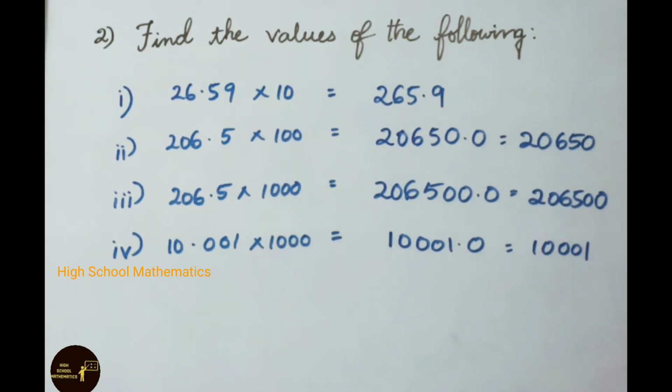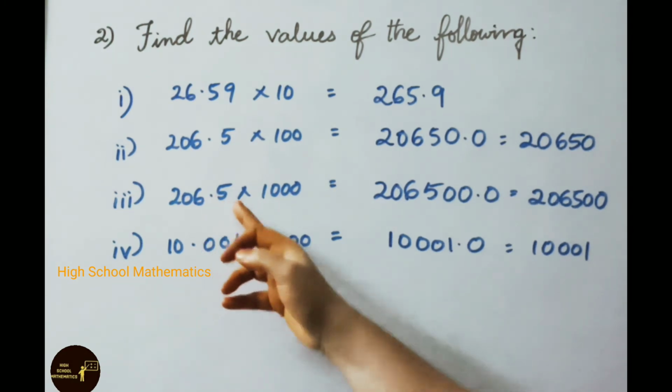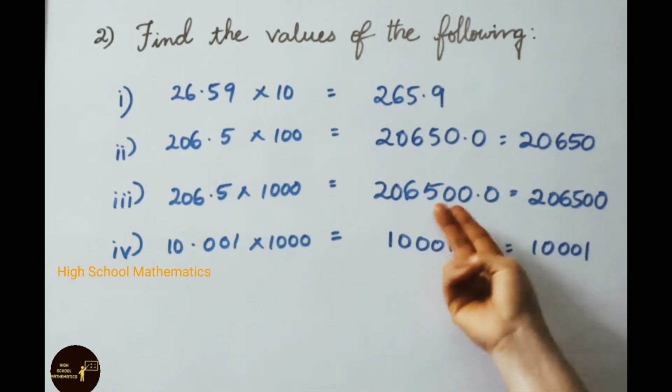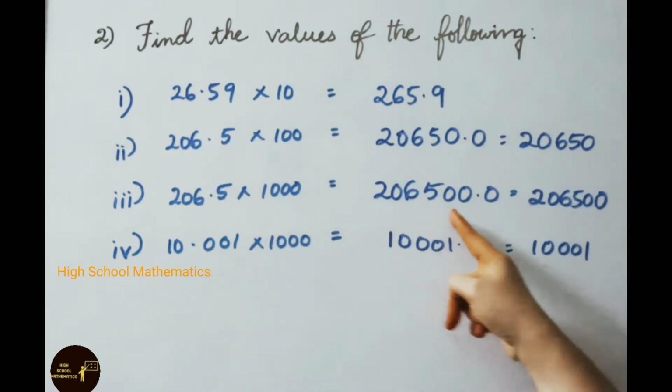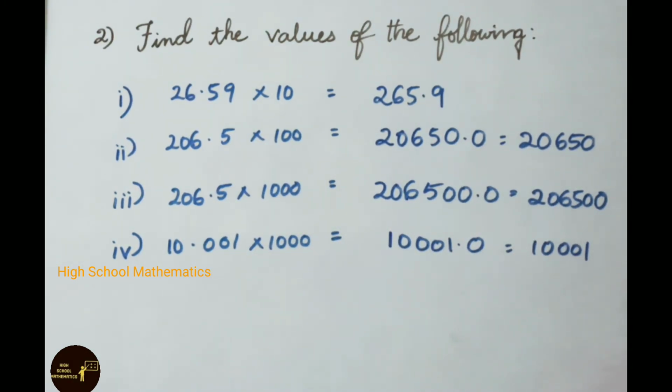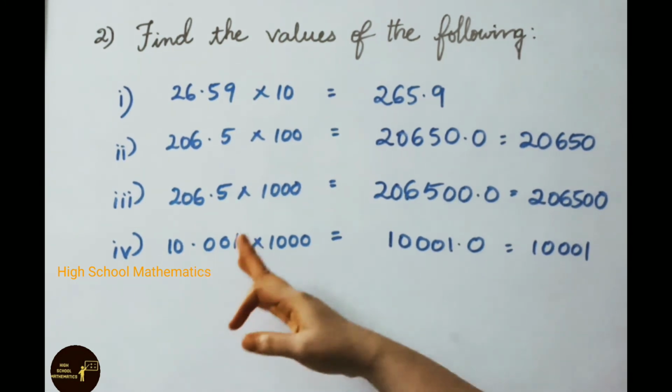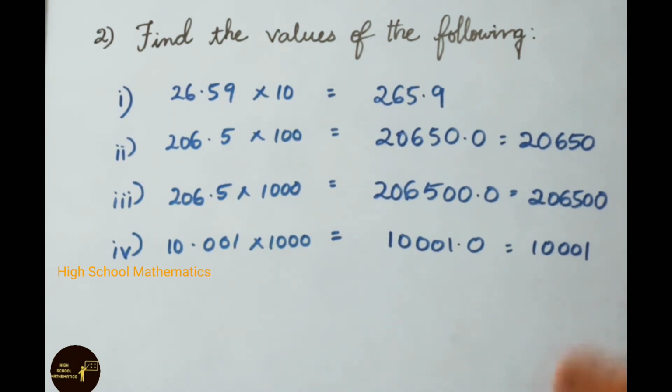Here multiplying by 1000, but here after the decimal one digit only is present. So we have placed 2 zeros at last and shifted the decimal 3 places after. Here last example, multiplying by 1000. Here after the decimal 3 digits were present. So we have shifted this decimal point towards right side 3 decimal places after. So the answer became 10,001.